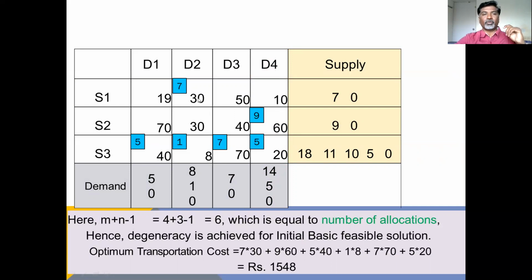For that purpose, you just multiply 7 into 30 plus 9 into 60 plus 5 into 40 plus 1 into 8 plus 7 into 70 plus 5 into 20. If you solve this expression, you will get the total transportation cost using Vogel's approximation method, that is 1548 rupees.